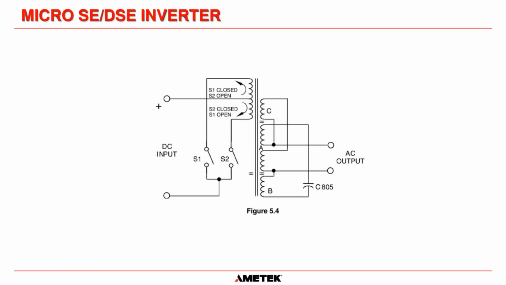So the first design that we're going to talk about is what AMETEK Solidstate Controls calls our micro SE or DSE inverter. It's our ferroresonant design, or our constant voltage transformer design.